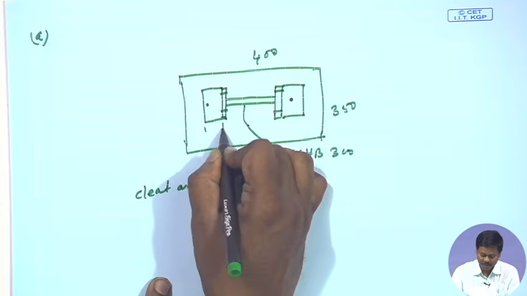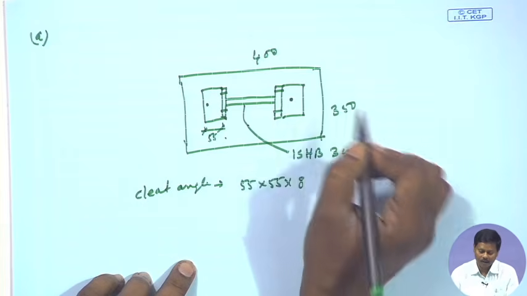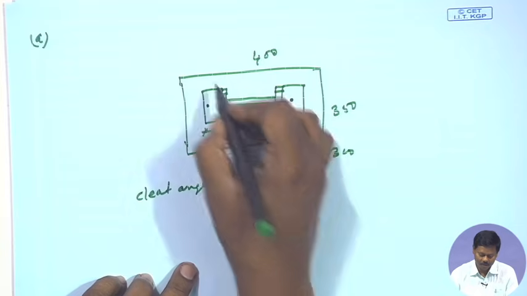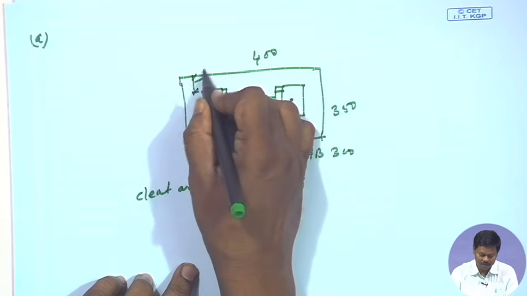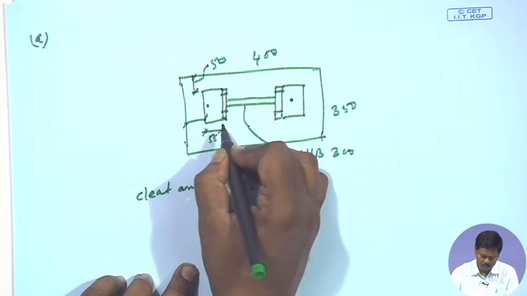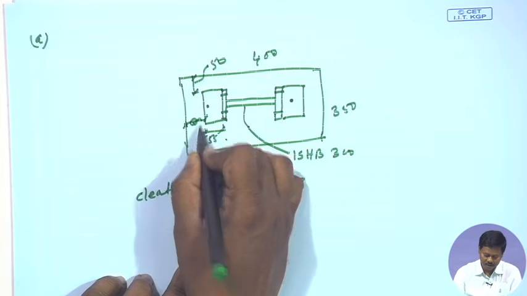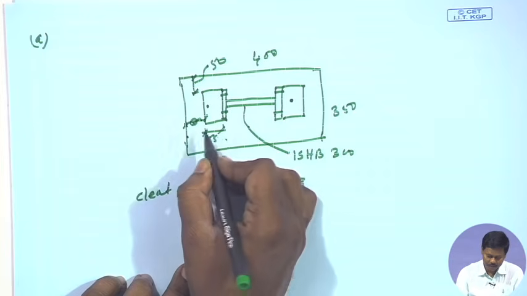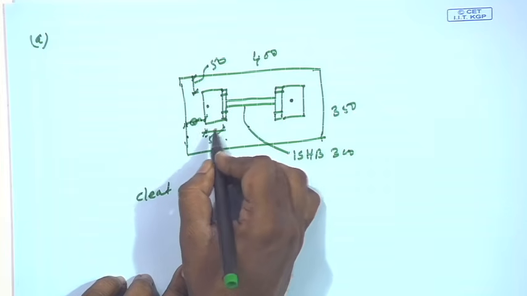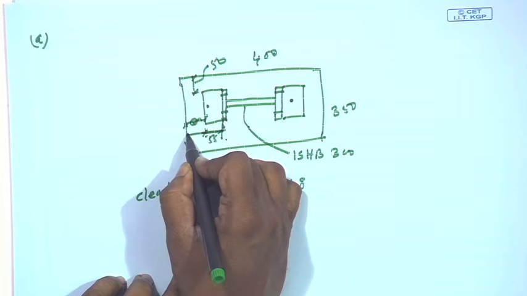So, this is 55, and this is becoming 50, sorry, this is 50 and this is becoming 50, from here to here it is 50.